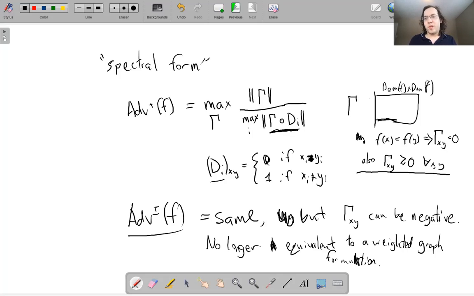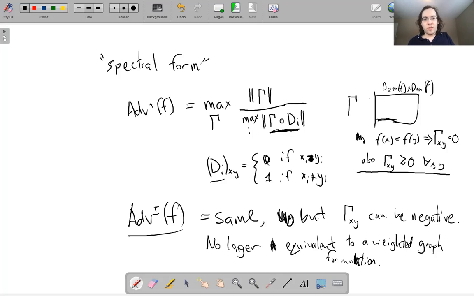The spectral form, though, is very hard to use in practice. So because of this, the negative weighted adversary bound is hard to use in practice. It's hard to directly analyze the spectral norms of these matrices. It's much easier to analyze the degrees of the graphs, as we've already seen. And to convert to the degree of graph formulation, that only works when you know that the entries of gamma are going to be non-negative. So placing that restriction on gamma is an additional restriction.